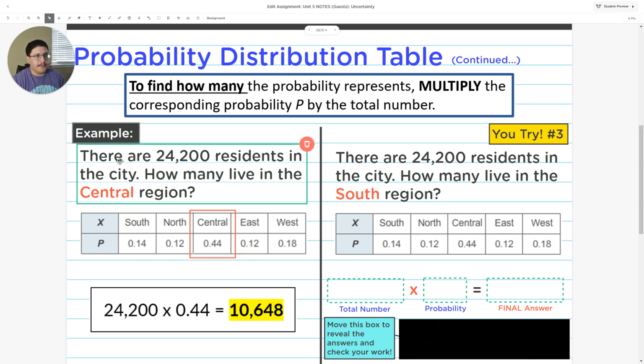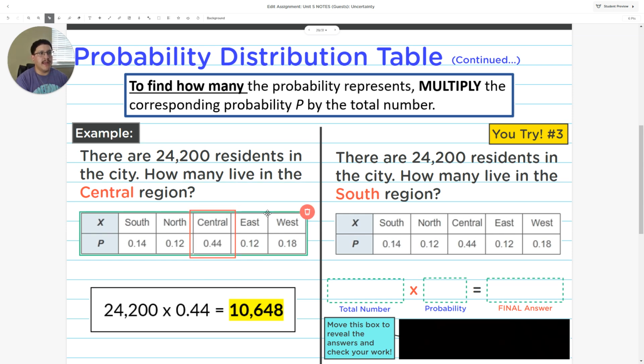So, for example, there are 24,200 residents in the city. How many live in the central region? We have a figure and the probabilities of individual regions that they probably live in, so we want to figure out how many live specifically in the central region.